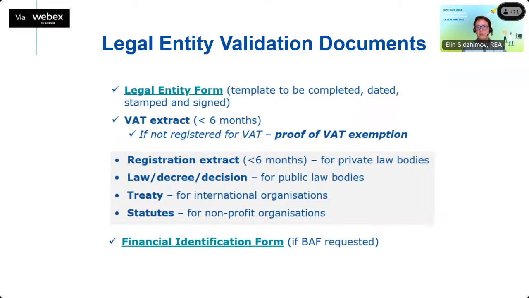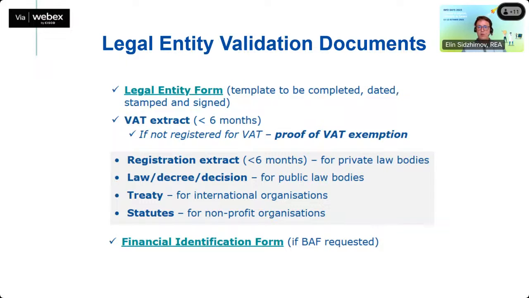So the first document is the legal entity form, which is a template automatically generated by the system, which you simply need to download, complete, put a date and sign it, and re-upload it in the system. We also require the VAT extract not older than 6 months. And if your entity is not registered for VAT, we would need a proof of VAT exemption.